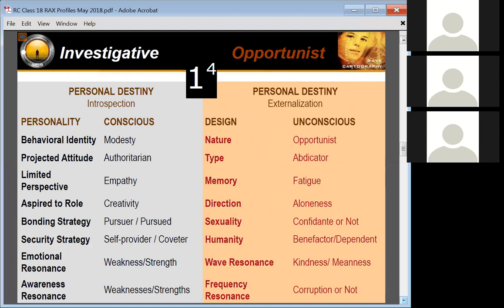And now you just need to get it out there. This is the investigating opportunist, not the martyr, not the experimenter, but the opportunist. So now they're just waiting for the opportunity to externalize the foundation, and they need to. This is the fourth line, the line of friendship, befriending. Their life is about going out there and befriending people, bringing new people into their life. Not that that's their conscious experience or even their desire consciously. It's just their life is doing that.